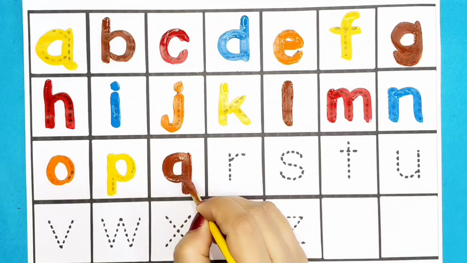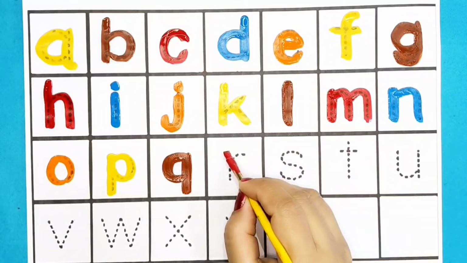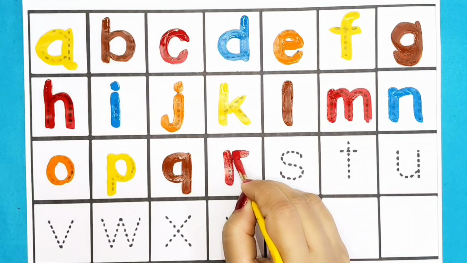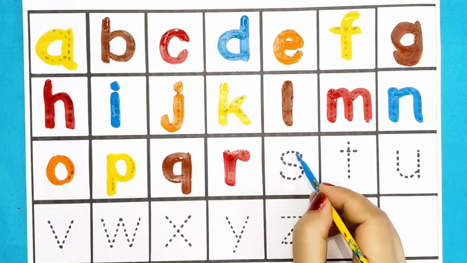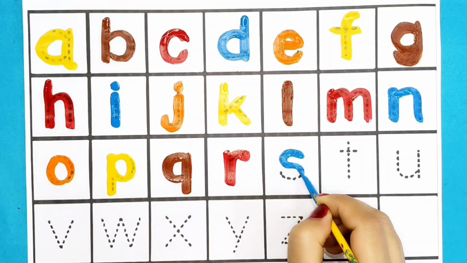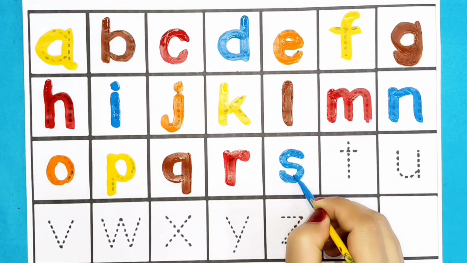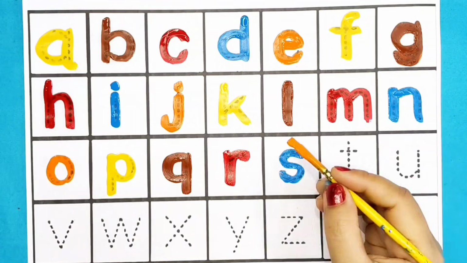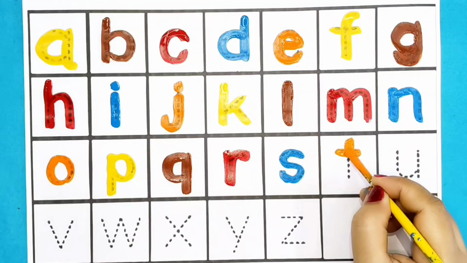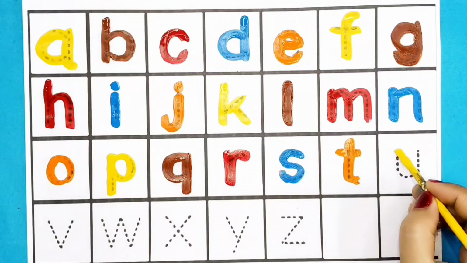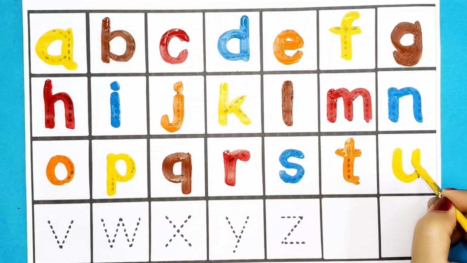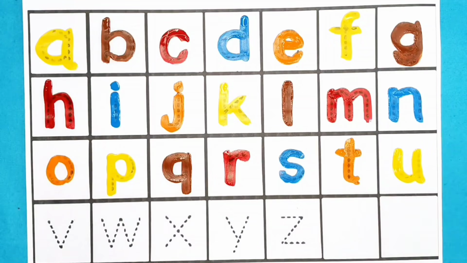Q for queen, red color. R for rabbit, sky blue color. S for sun, orange color. T for tiger, yellow color. U for umbrella, brown color.